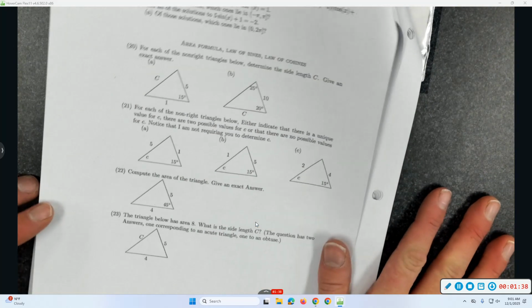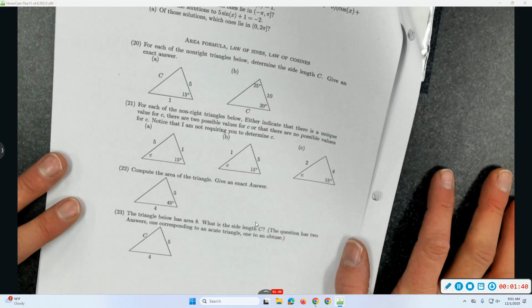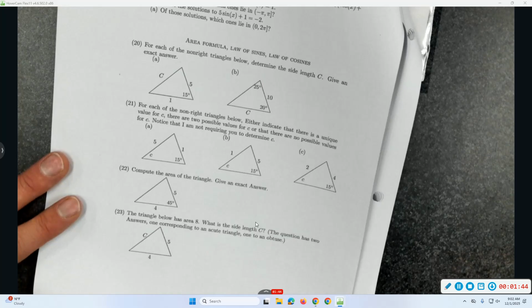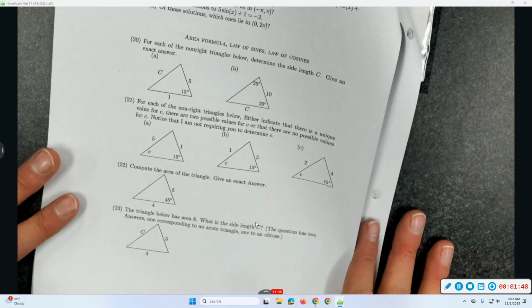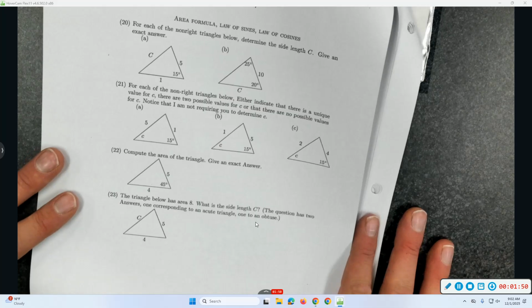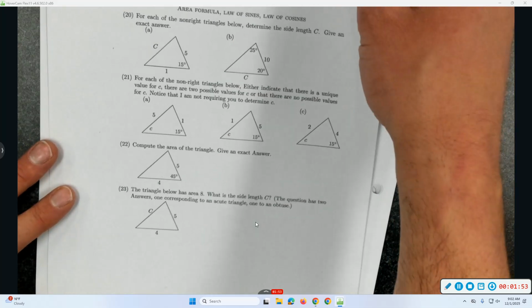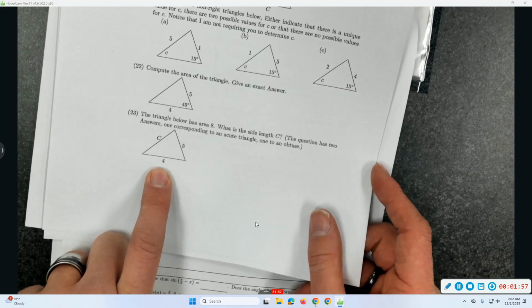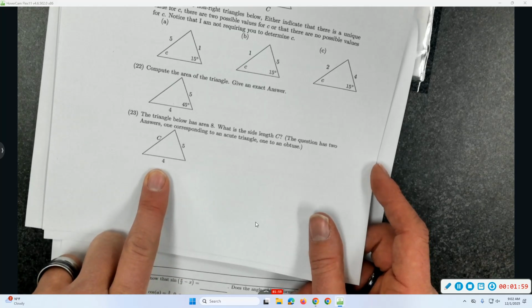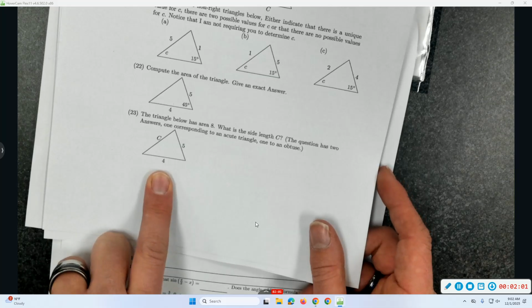You should be able to use the area formula, law of sines, and law of cosines. The actual exam isn't going to be 35 questions long. So be able to do that. If you know this information and you know the area, can you use the area formula and the other facts you know to figure out what the side length C is?